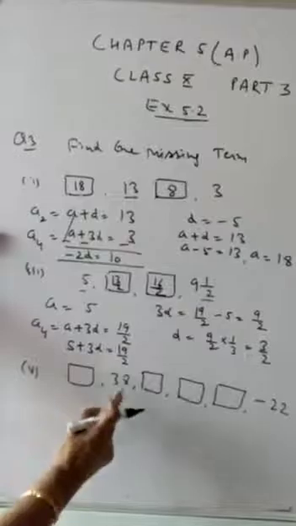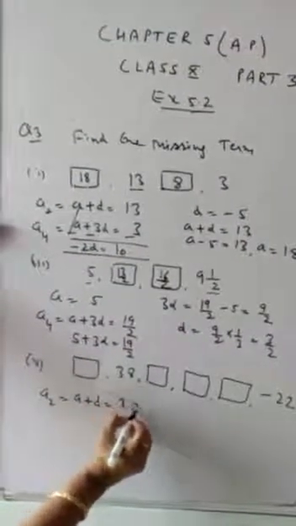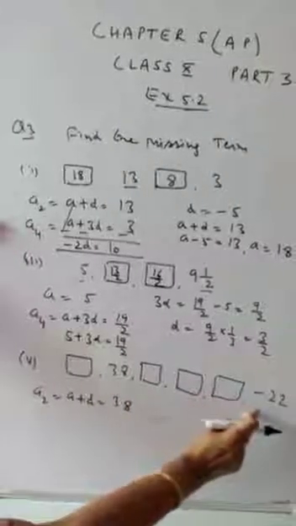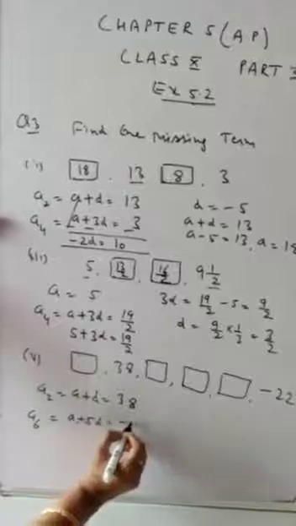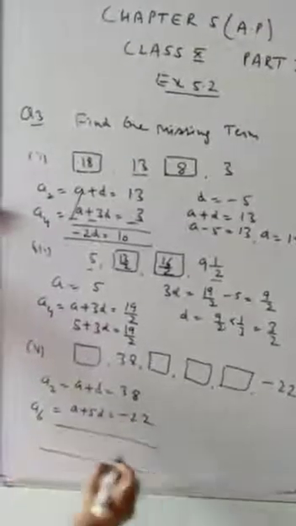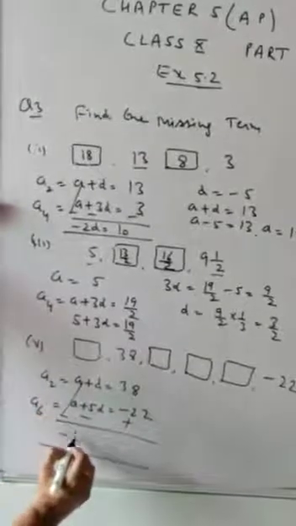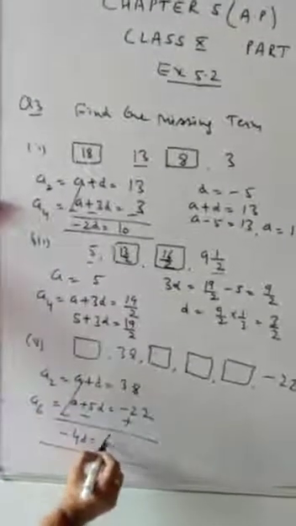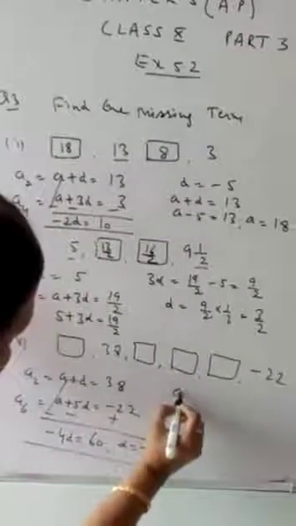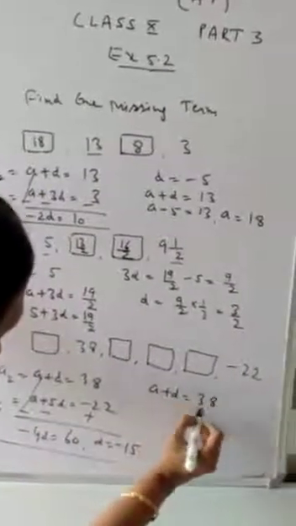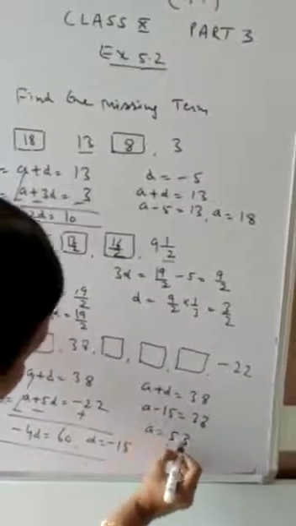Let's take the fifth part. Here a2 is a plus d, 38, and a6 is a plus 5d, minus 22. Again use elimination by changing the sign. Minus 4d is 60 and d is minus 15. a plus d is 38, so a will be 53.